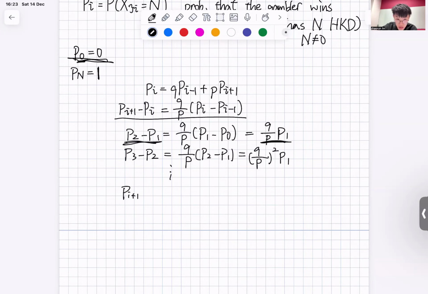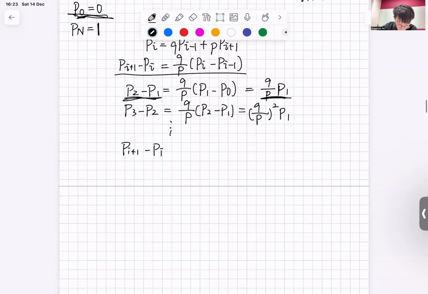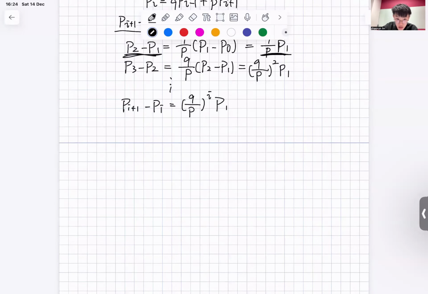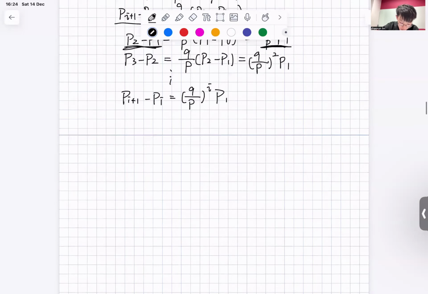So in general, Pi+1 minus Pi equals to this.